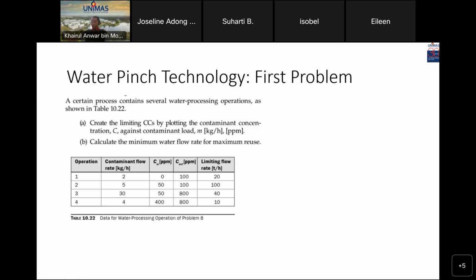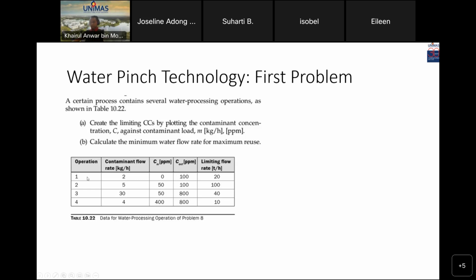Create the limiting composite curve LCC by plotting the contaminant concentration C against contaminant load. Calculate the minimum water flow rate for maximum reuse.